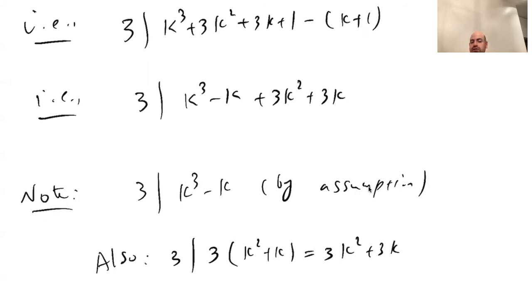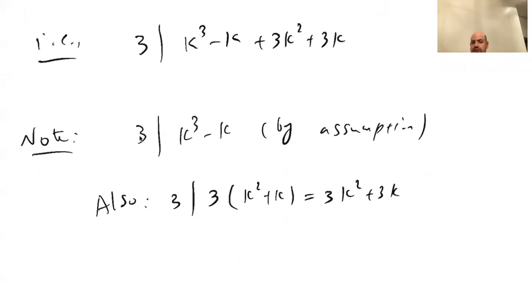This is obvious, right? 3 divides 3 times a number. 3 times a number is a multiple of 3, which means 3 divides this number. When you say 3 divides a number, it means that number is a multiple of 3. So 3 divides this number and 3 divides this number.